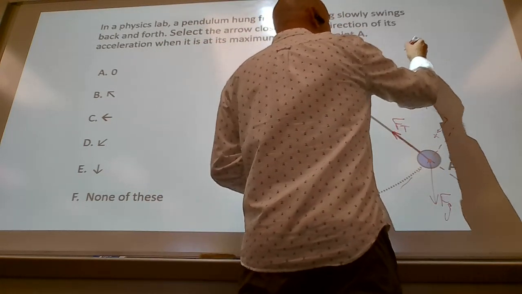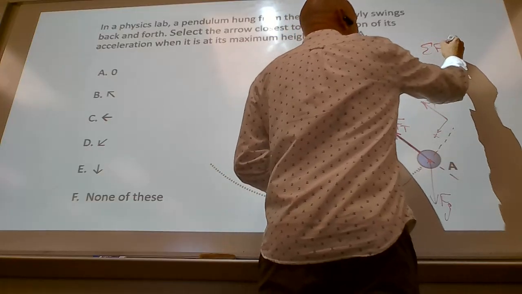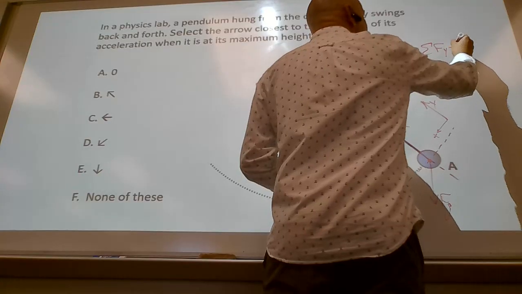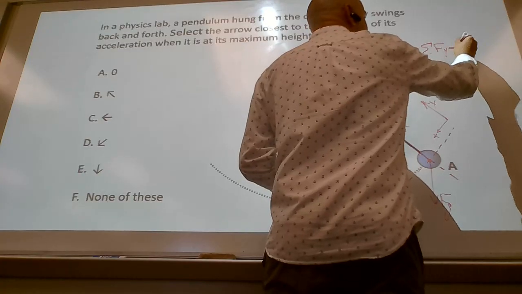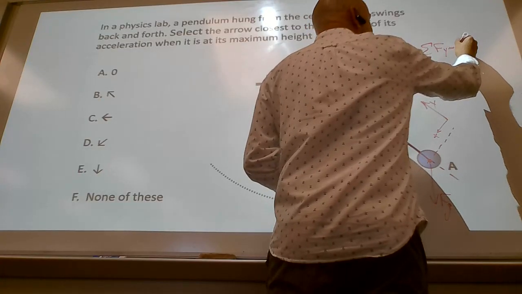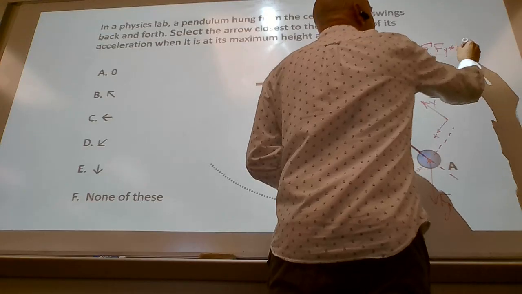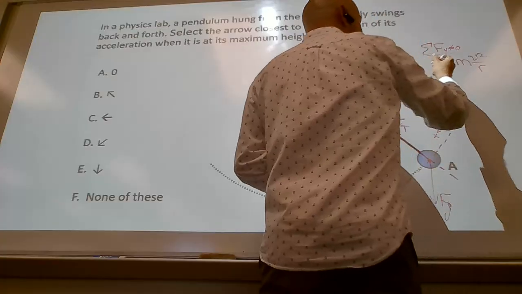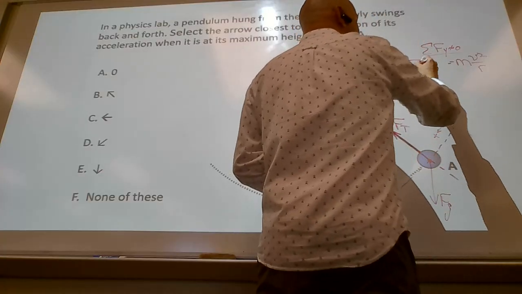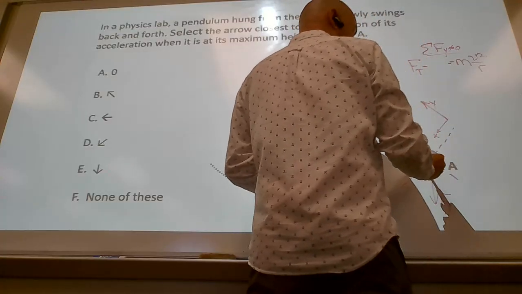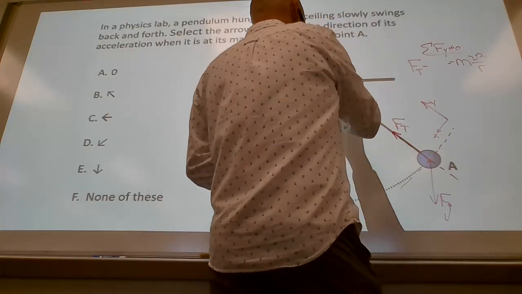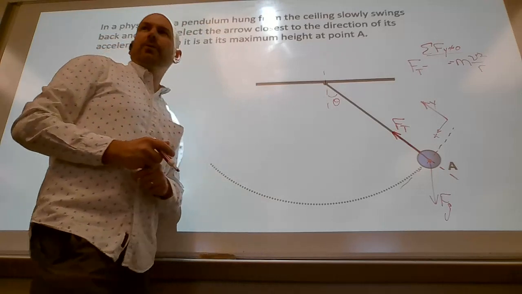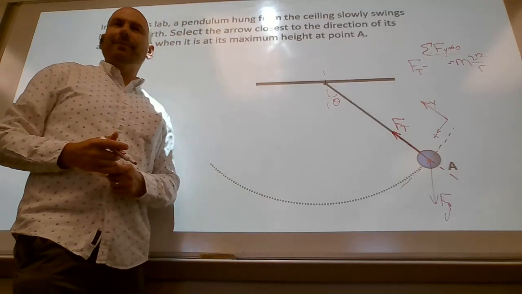So we know that the sum of the forces in the Y direction typically would not be equal to 0, but okay, I'll carry this out here. So you'd have Ft minus mg cosine theta. A lot of times they'll make the angle from the vertical, that's just the classic.